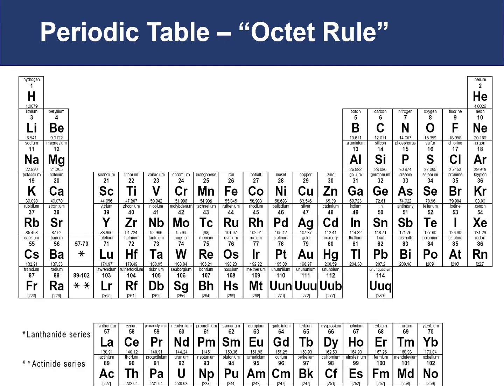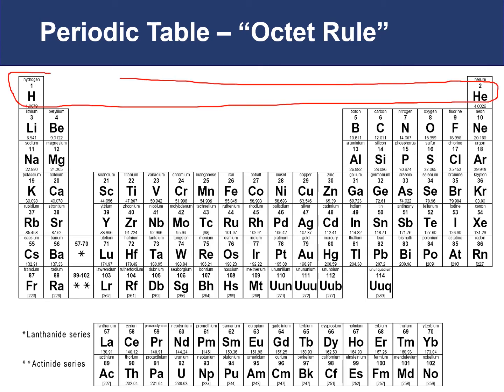So, looking at our periodic table and deciding where things are likely to follow the octet rule and violate the octet rule, we can first look at our first row, our hydrogen and helium. These two follow the duet rule, as do often lithium, beryllium, and boron, although beryllium and boron do not necessarily have to follow the duet rule, depending on what they are bound to.